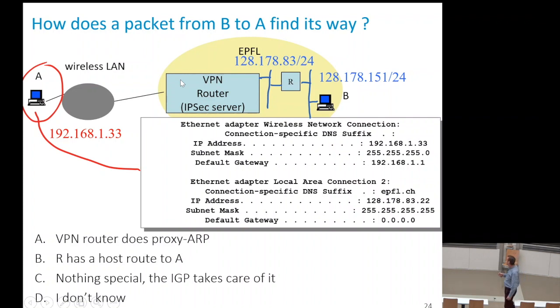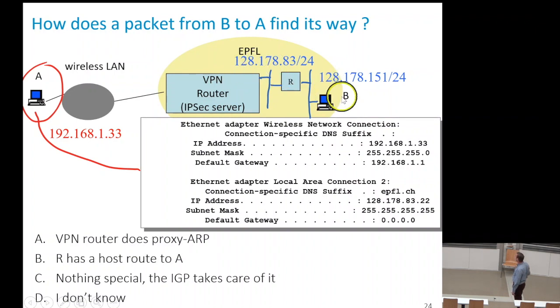Assume I'm doing this, and B sends a packet back to A. Now, because B is sending to EPFL, it sends to this destination address. Now, if you do this, it is to be able to participate with EPFL systems as if you would be inside EPFL.